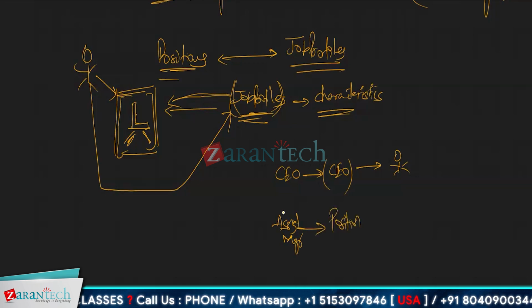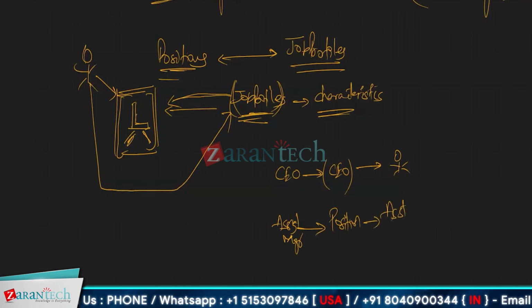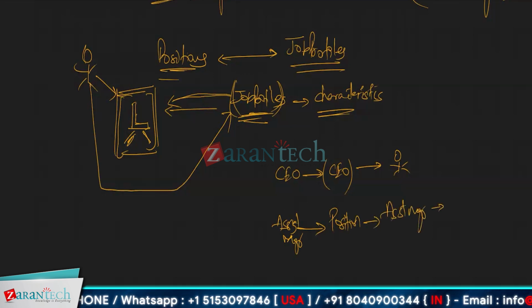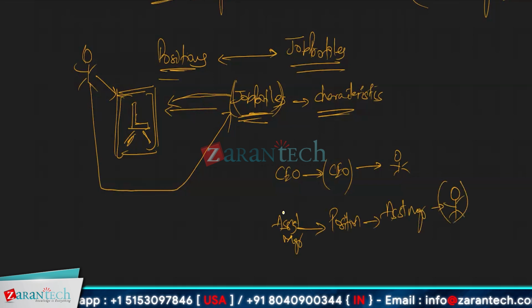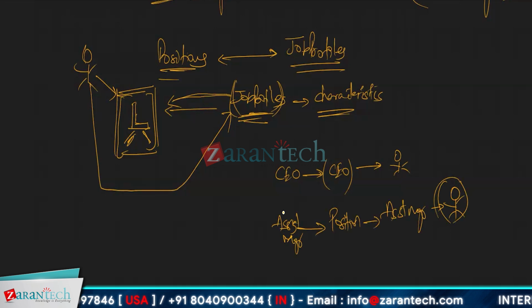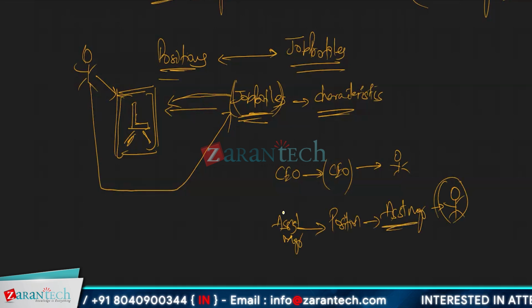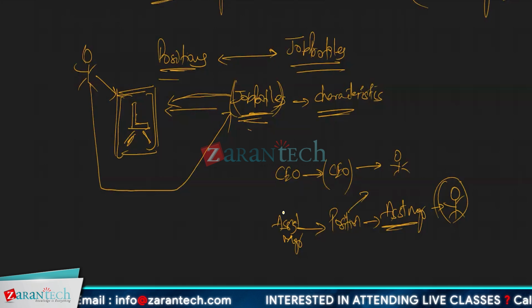That position will now be an assistant manager position, and an employee who joins or occupies that position will take the roles and responsibilities of the assistant manager. So this job profile is what defines the roles and responsibilities for a specific position in Workday.